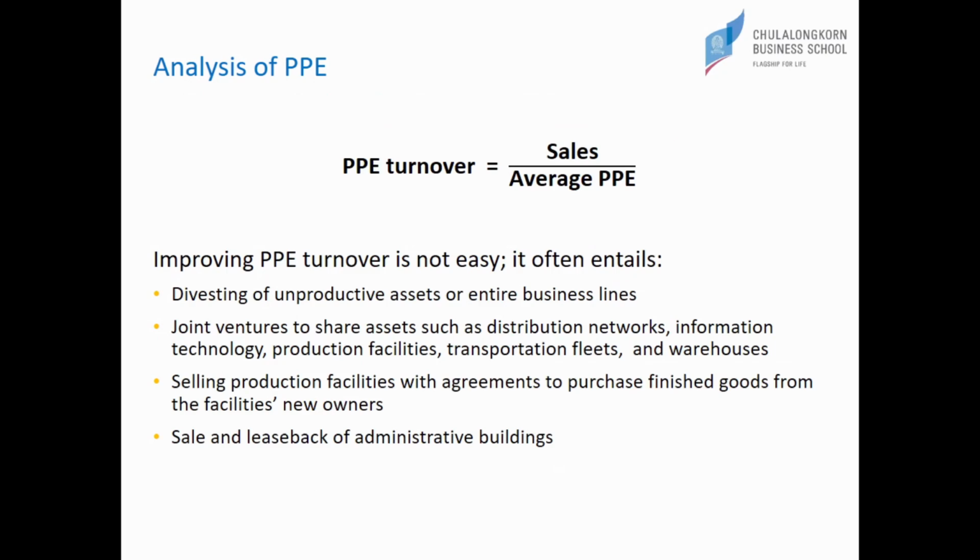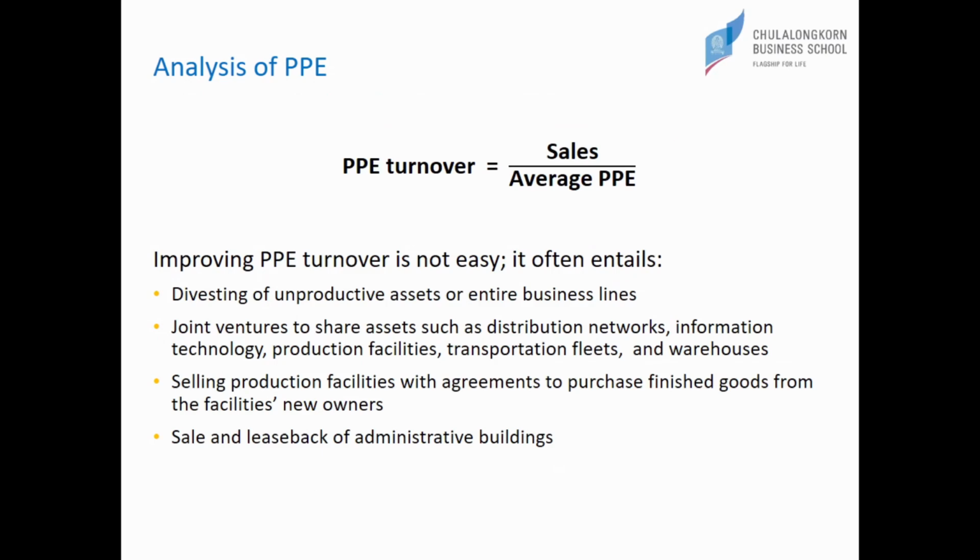Don't have to invest as much. And you can sell your own production facility to another company, but at the same time sign the agreement saying that, okay, you create this product for me and sell it only to me. Okay? So that way you can get rid of this facility from your balance sheet. So the average PPE would be lower.